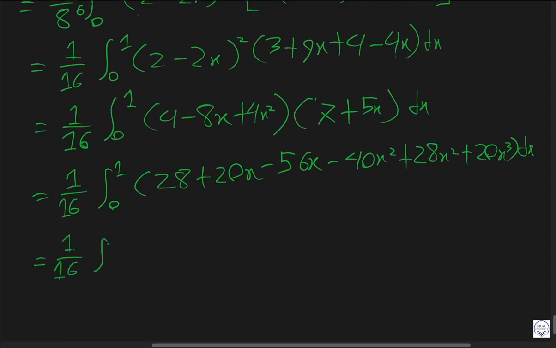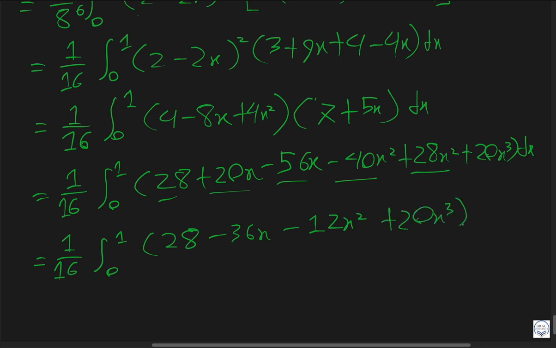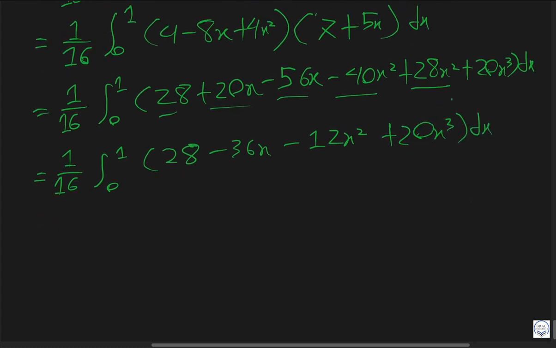Which is equal to 1 over 16. Let's simplify it before we integrate. Minus 36x, minus 12x squared plus 20x cubed dx.